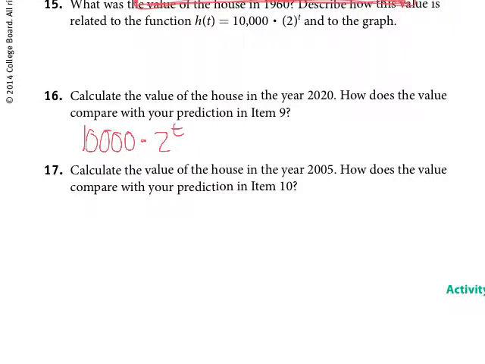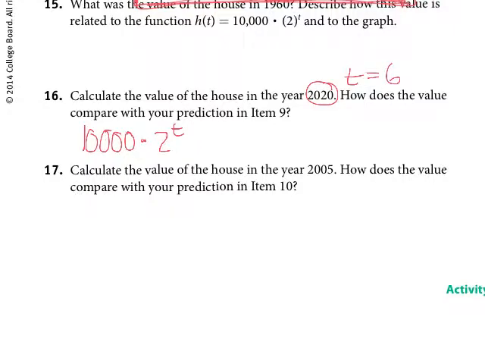So 2020 is how many decades away from 1960? 60, 70, 80, 90, 2000, 2010, 2020. 6 decades. So this year 2020 is telling me that t is 6.